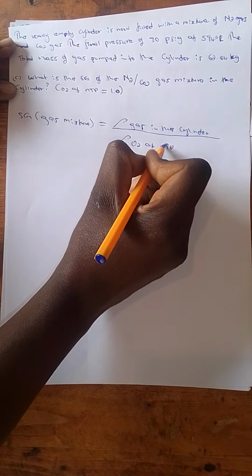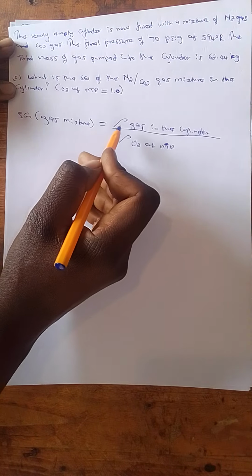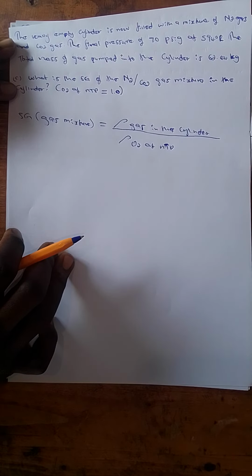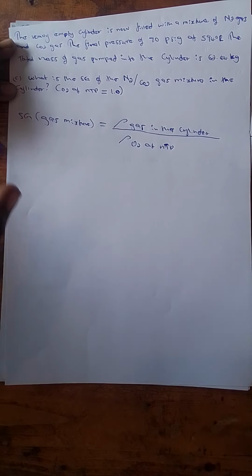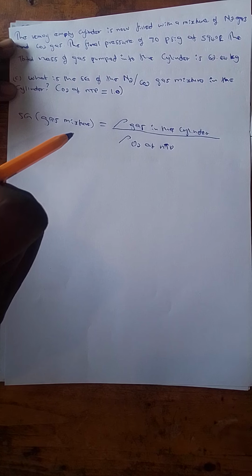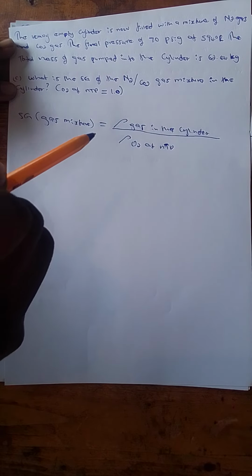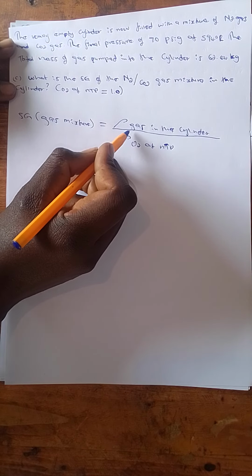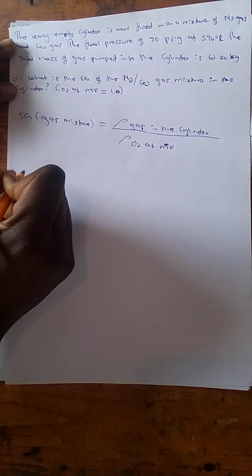Basically SG is the density of the gas in the cylinder, or the gas mixture, all over the density of O2 at NTP. Which means we're going to calculate two densities, one of the gas mixture and the other of O2 at NTP. With that said, now we can start with the density of the gas mixture.